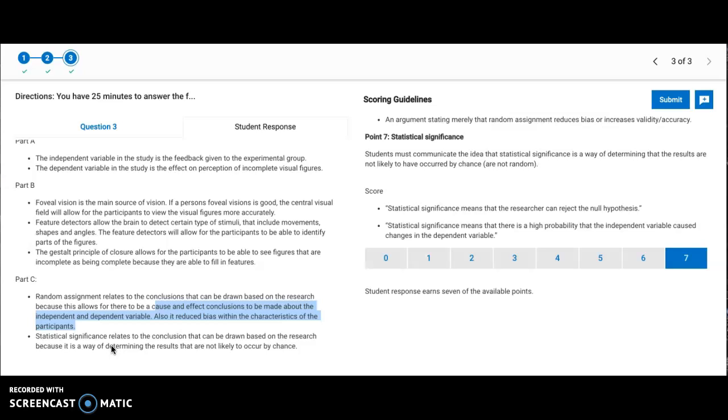Yes, so saying that the results are statistically significant means that we can say that, yes, the independent variable does cause the changes in the dependent variable, and that's not just a random thing. It's not just occurring by chance. We can actually say that there's a significant relationship between the independent and the dependent variable. In this case, there's a significant relationship between the feedback that someone's getting and the accuracy of their responses the next time they try.